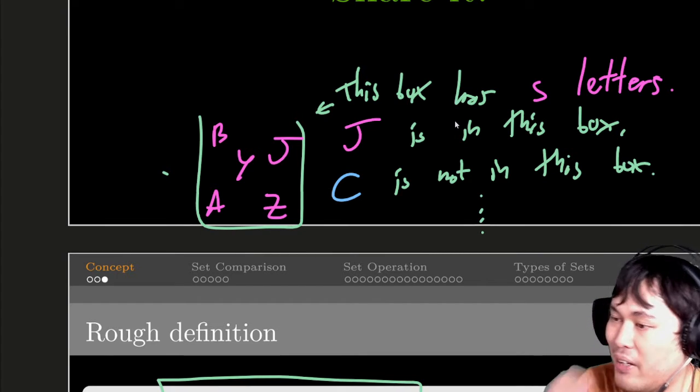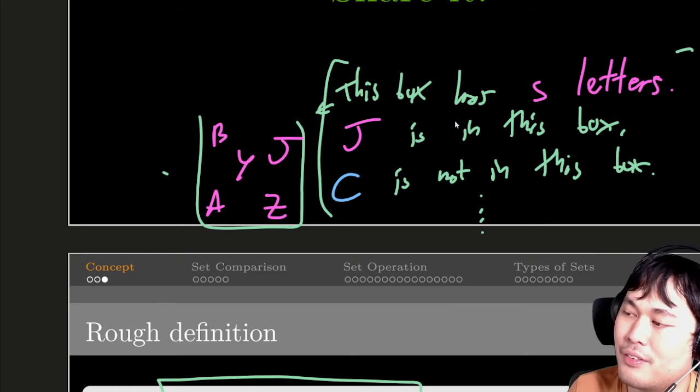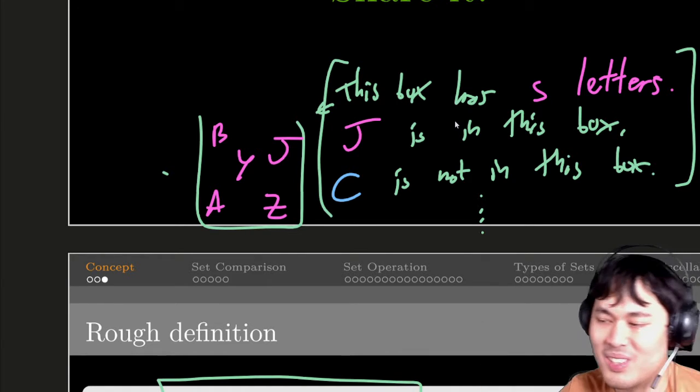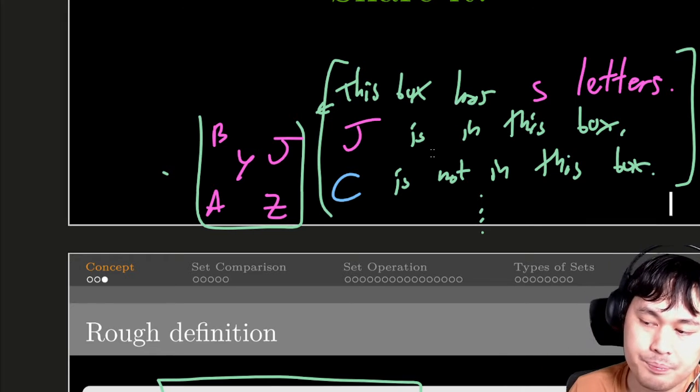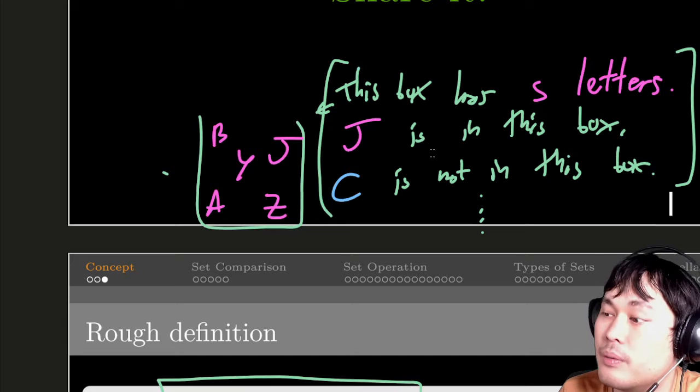So today we are going to make these statements more formal, so that we can use this kind of statement or this kind of concept in other places as well.